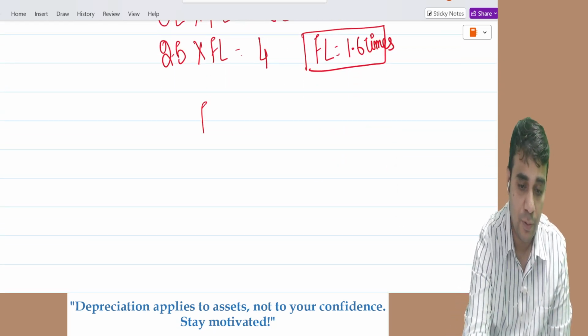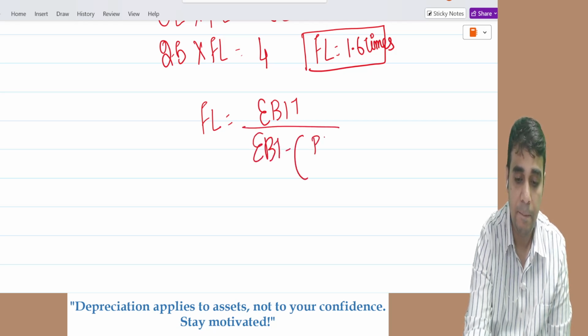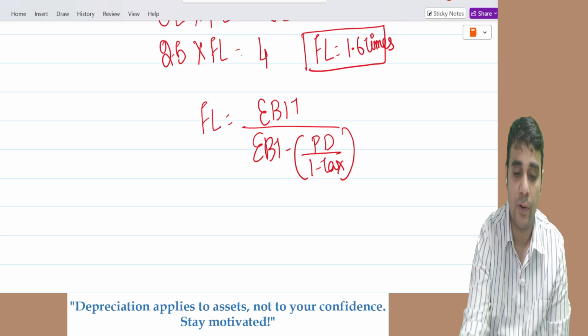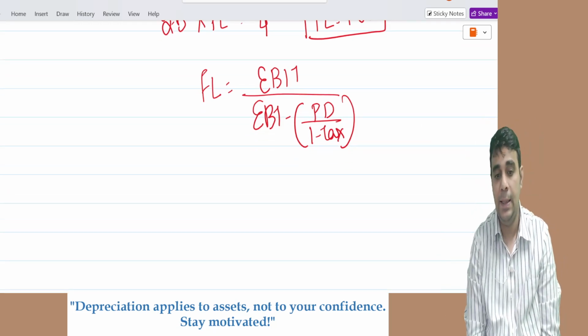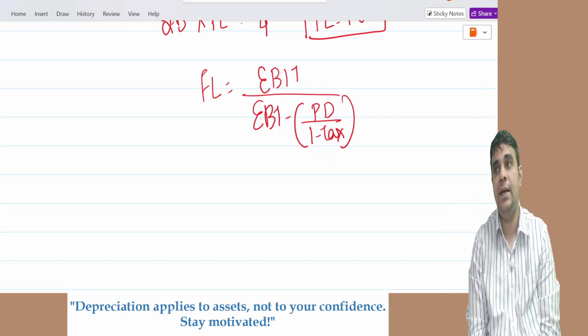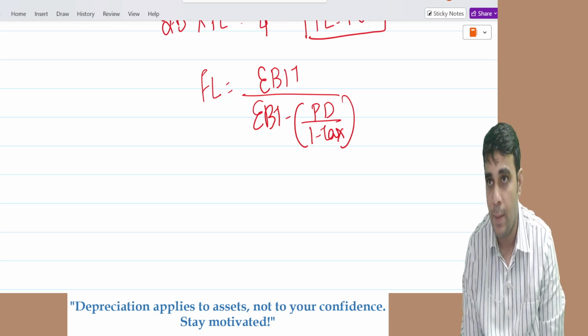FL is equal to EBIT, which I know, divided by EBT minus PD divided by 1 minus tax rate. EBT will come out of this calculation.